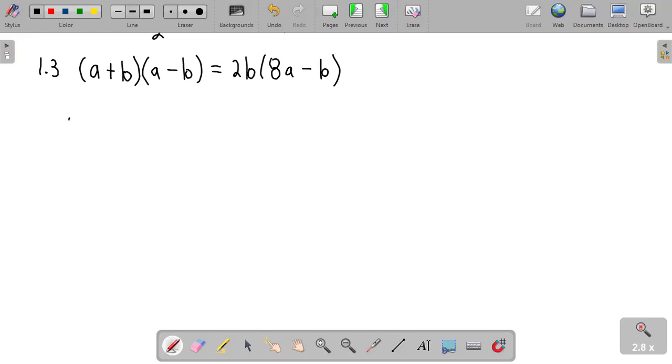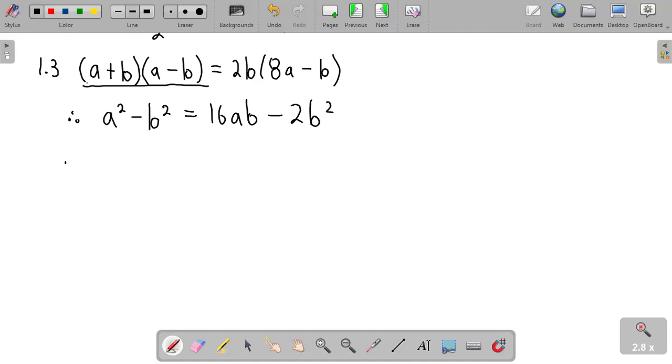So then it's going to be therefore, this is a difference of 2 squares on the left. So this is equal to a squared minus b squared. When you factorize here, this is what you must get. And then on the right side, it's going to be 16ab, and then 2b multiplied by b is going to be minus 2b squared.